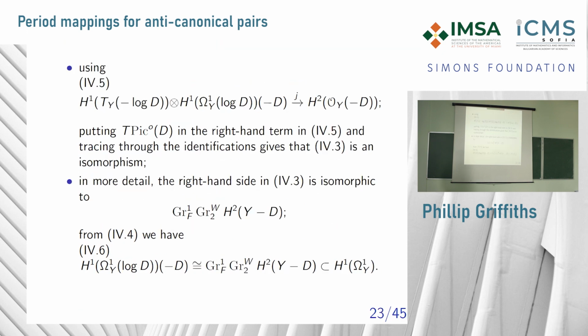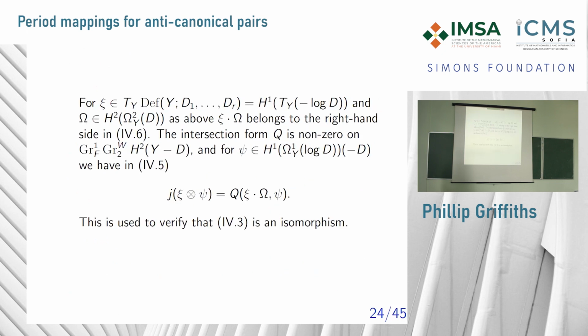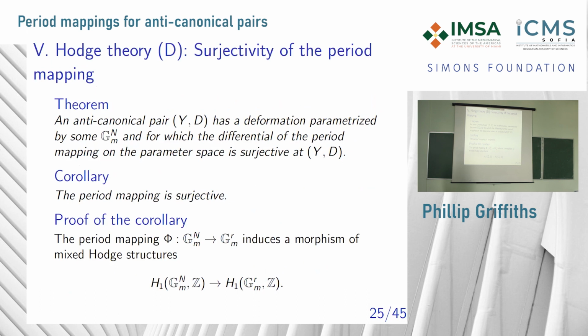That's really the basic identification. Okay, so that's the first statement, first thing that you use, that the differential of the period map is an isomorphism from moduli to periods. Now you want to prove that it's surjective.